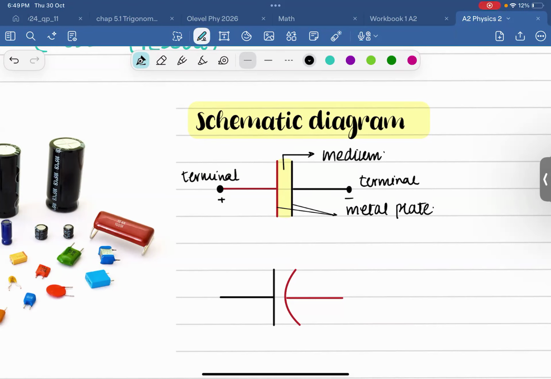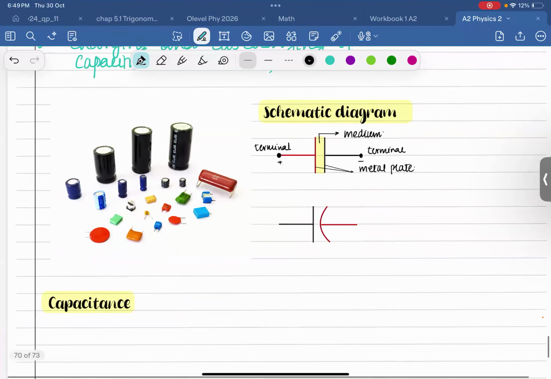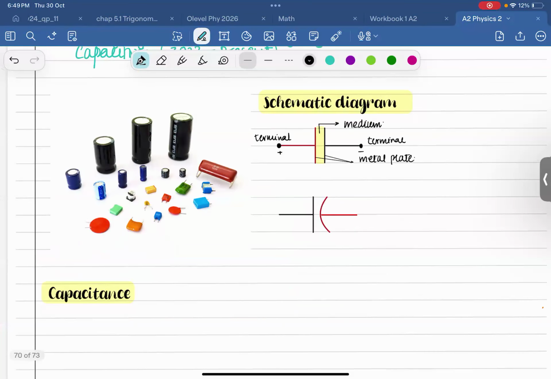But in reality, you should know that there are two terminals, and you have to connect them in the circuit with the correct polarity. The positive terminal of the capacitor should be connected with the positive terminal of the battery, and likewise the negative terminal. Now, moving on to the concept or definition of capacitance.